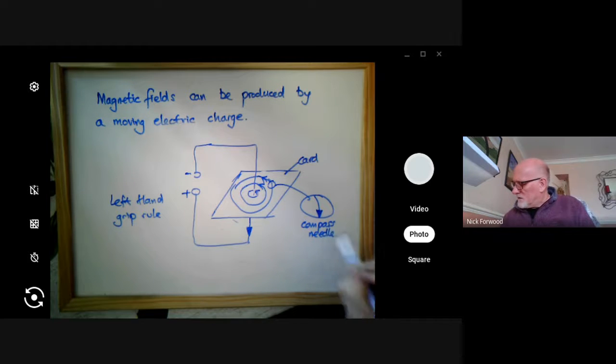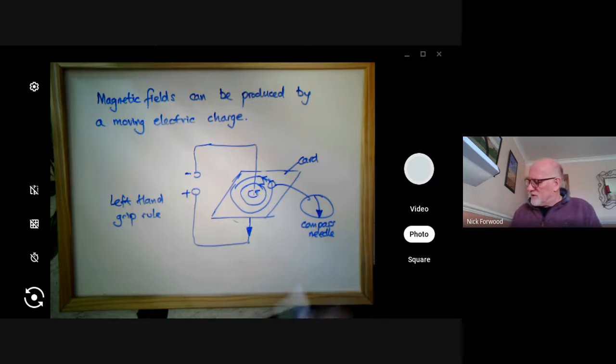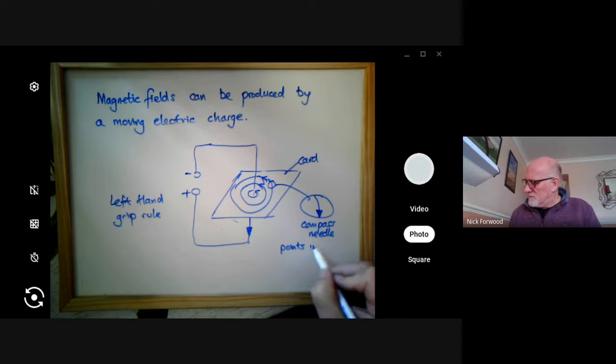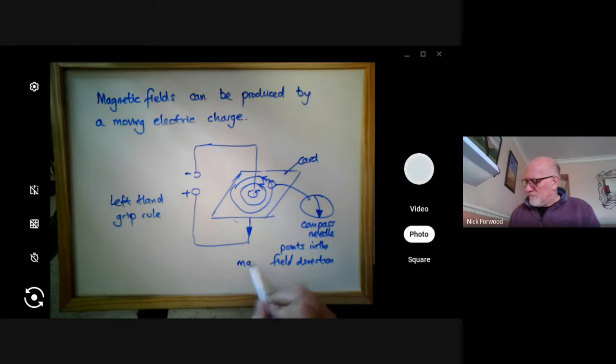The compass needle points in the direction of the field, and of course, it's the magnetic field. Points in the magnetic field direction. And you could make mention of the left-hand grip rule.